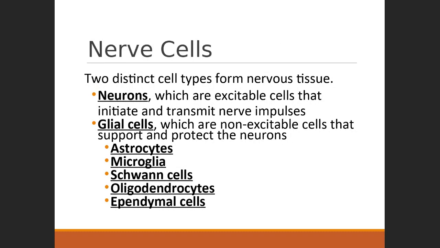When we talked about nervous tissue in our tissue section, we kind of strayed from our hard definition of what a tissue was. We said a tissue was a group of similar cells adhered together, working together, carrying out a function. Great example of that was when we did connective tissue and epithelial tissue.